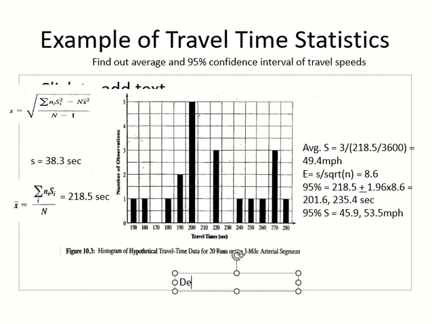So delay equals what? Travel time minus running time. So in this example, travel time average 218.5. Previous example, the mean running time was given 196. So your delay is how much?